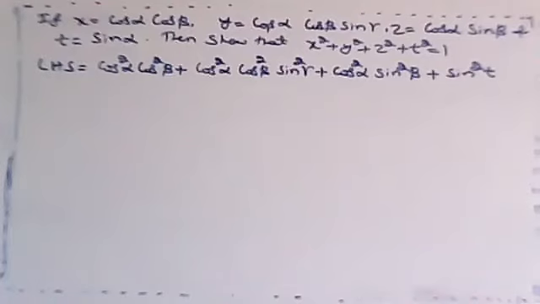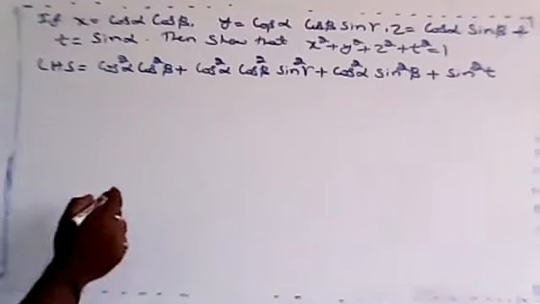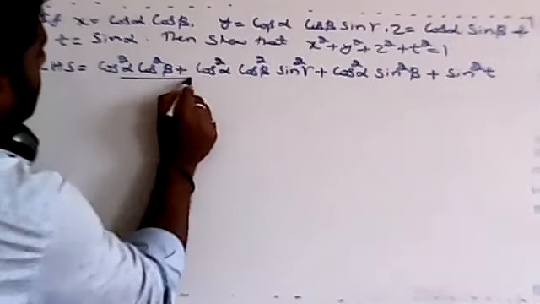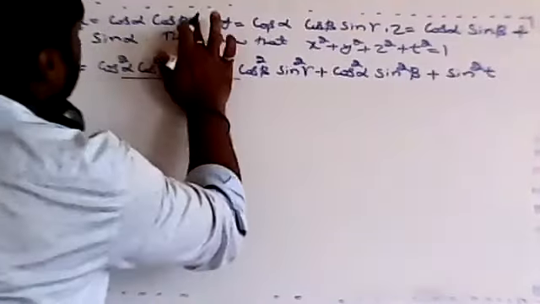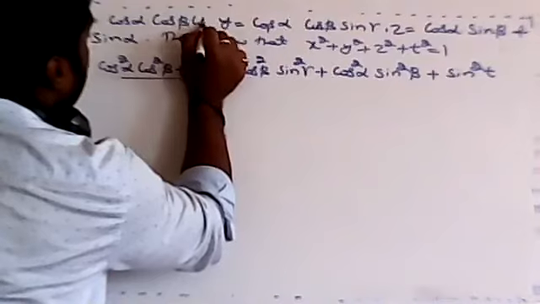So next is what? Can you check in these two, what I'm going to take common? Sorry, I forgot to write here. One more is there, that is what? Cos of gamma. That is cos of gamma is there.